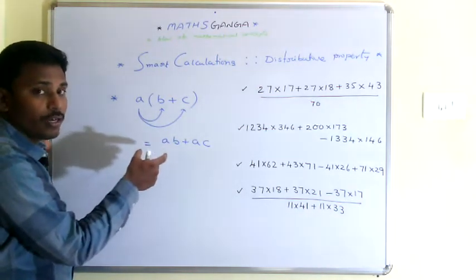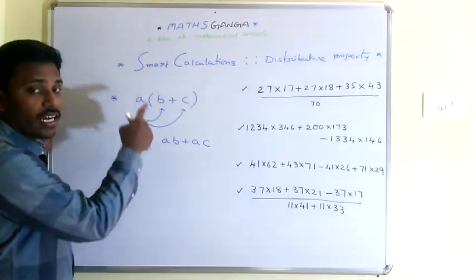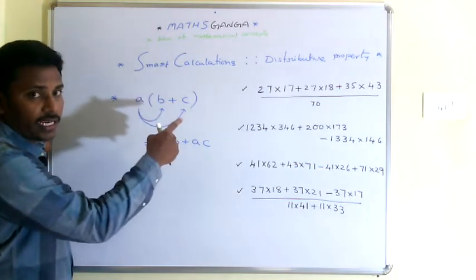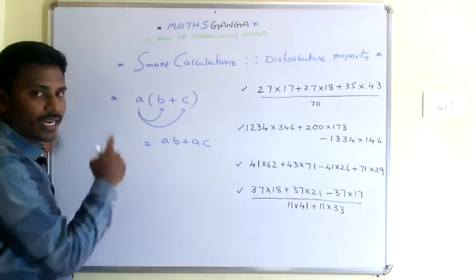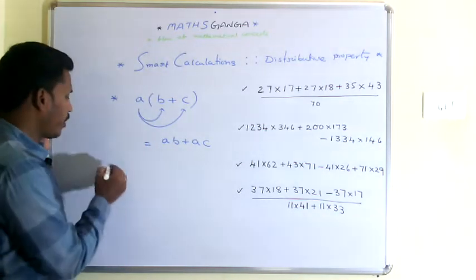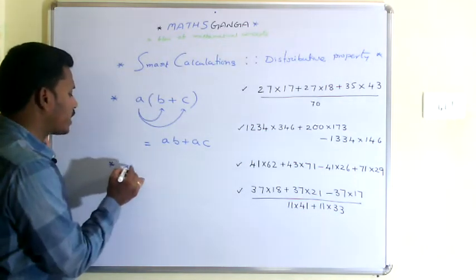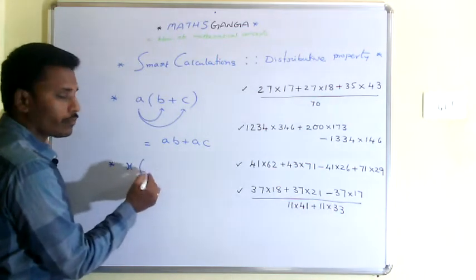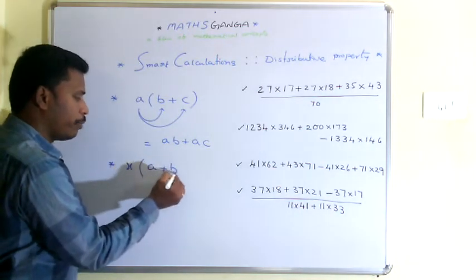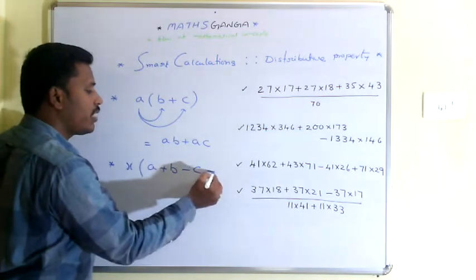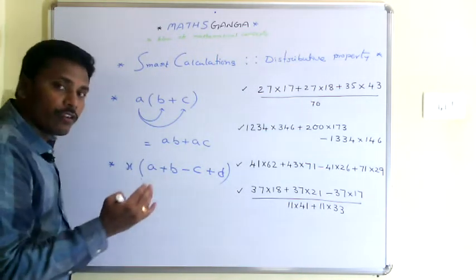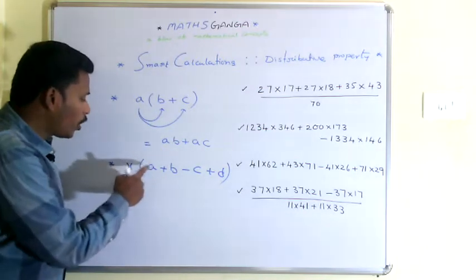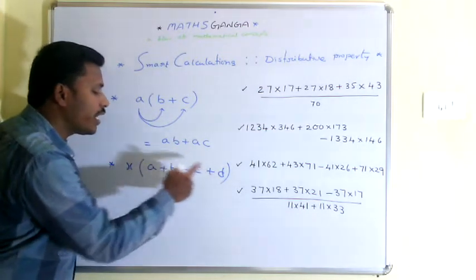Since we are distributing a to each and every term of the inner bracket, we call it the distributive property. Suppose you have x into a plus b minus c plus d. We have to distribute this x to each and every term of the inner bracket.